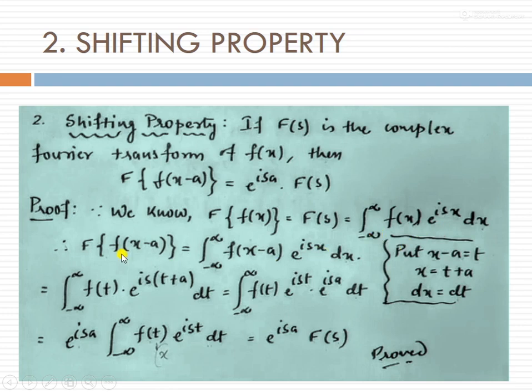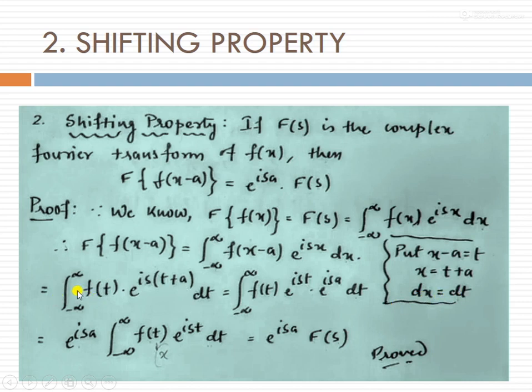Therefore, the Fourier transform of f(x minus a) can be written by replacing x with x minus a, that is the integral from minus infinity to plus infinity of f(x minus a) e^(isx) dx, by substituting x minus a equal to t. So x can be written as t plus a, and by taking the derivative, dx equal to dt.